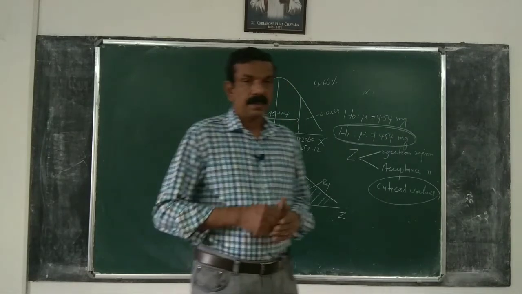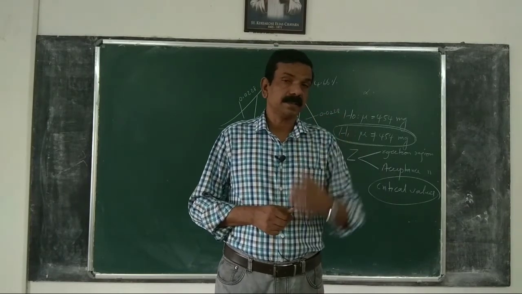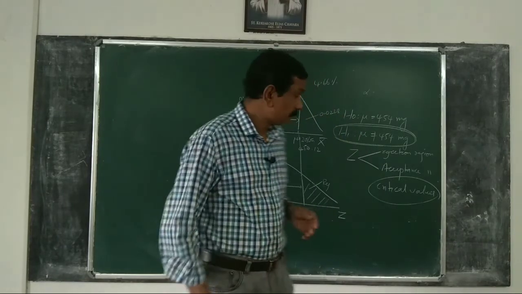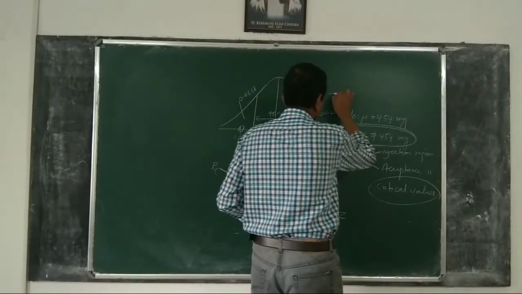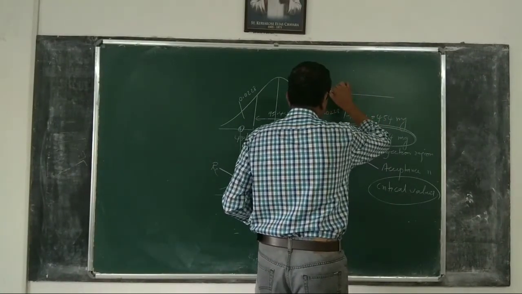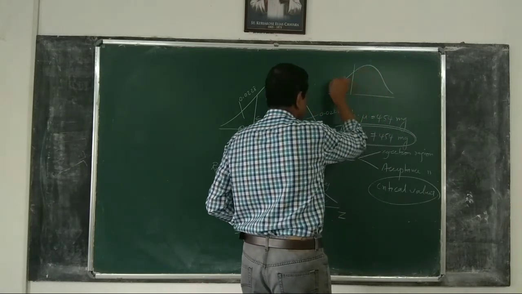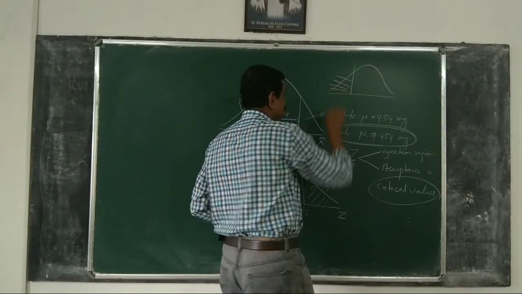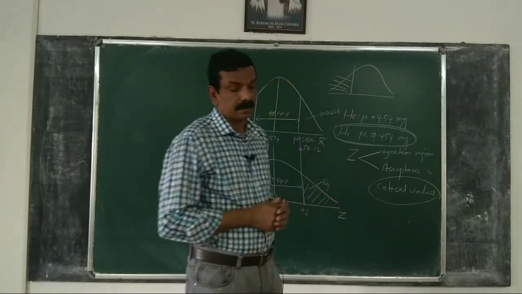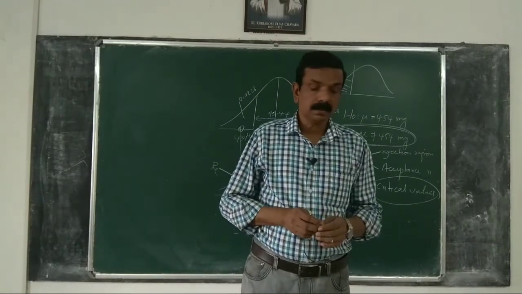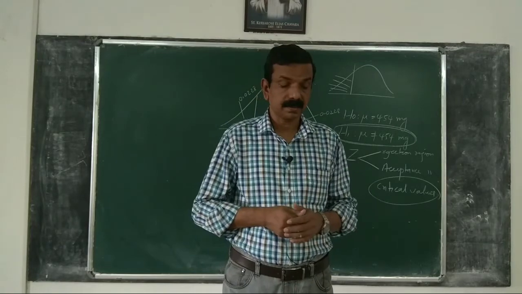Now, for a left-tailed test, H0 is rejected only when the value of the test statistic is too small. This is the rejection region. That is a one-tailed test, also known as the left-tailed test.